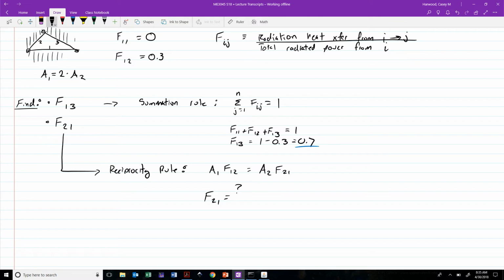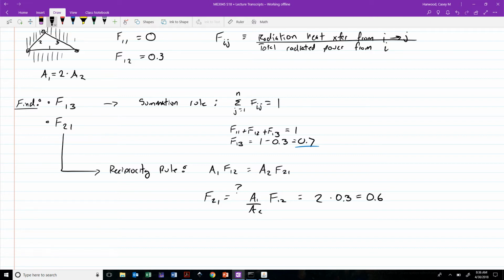Anyone have a value for F21? 0.6. It is 0.6. The idea is if we're looking for F21, we divide over A2, and using the relationship A1 is equal to 2A2, this becomes 2 times 0.3, which equals 0.6.